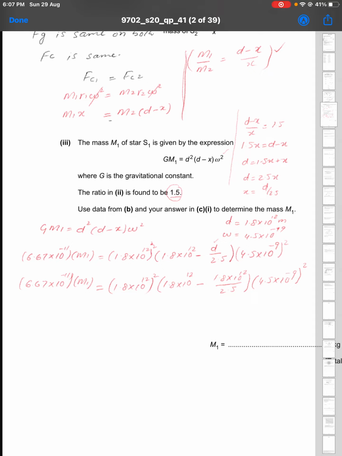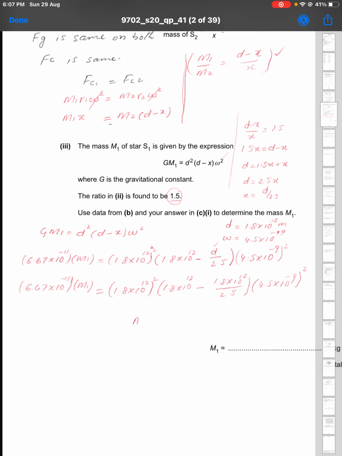Give me one minute to solve this question with the calculator and find the answer. So my calculator gives me the answer: m1 is equal to 1.1, sorry, 1.1 into 10 to the power 30 kilogram.